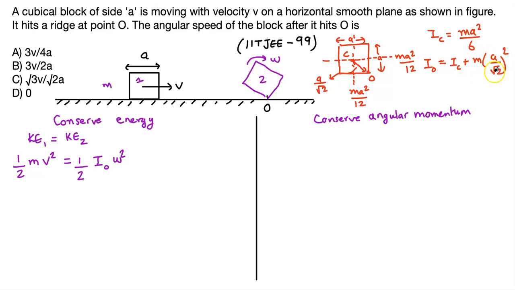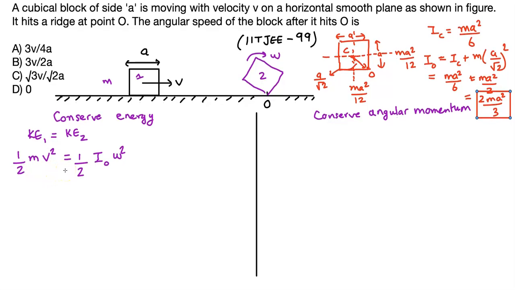This is the parallel axis theorem, and to get I_C, we used the perpendicular axis theorem. Now solving for this, m a squared by 6 plus m a squared by 2, and how much is that? That would be 2 m a squared by 3. So this is the moment of inertia about the point O.